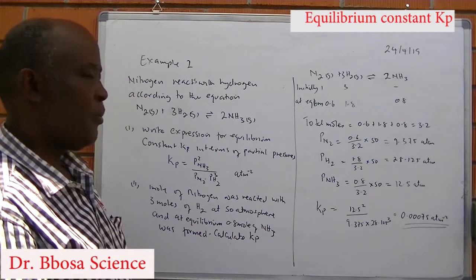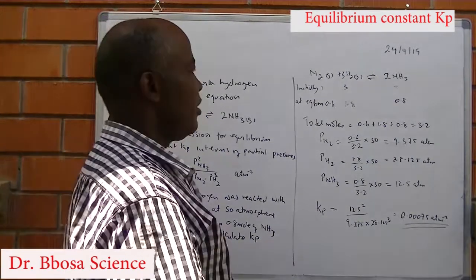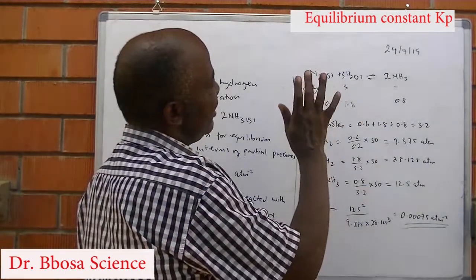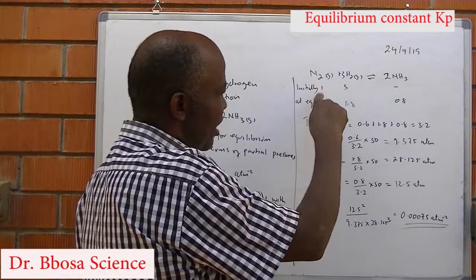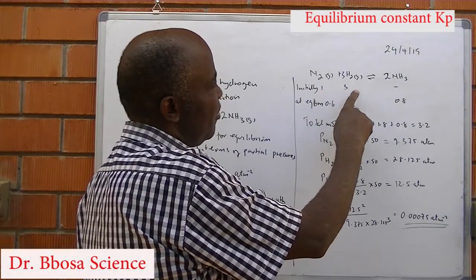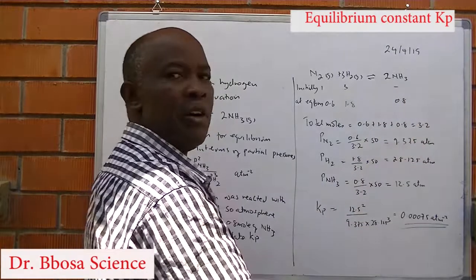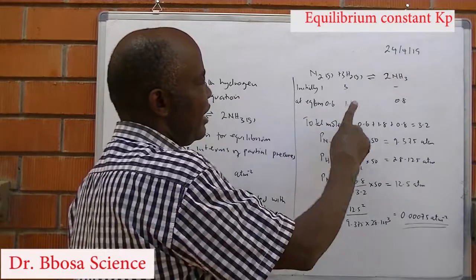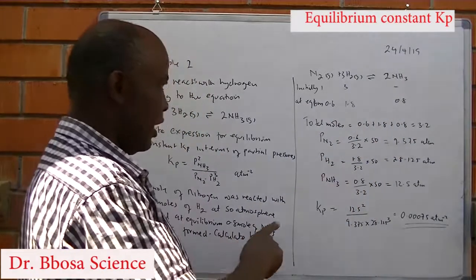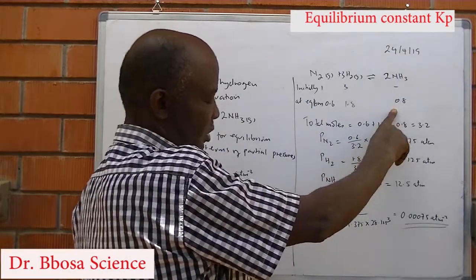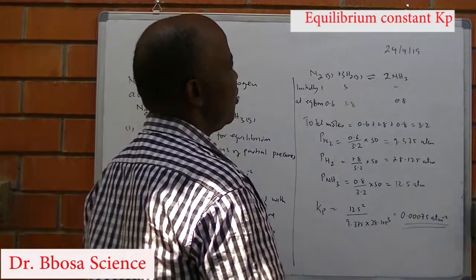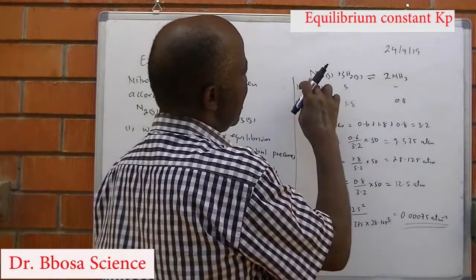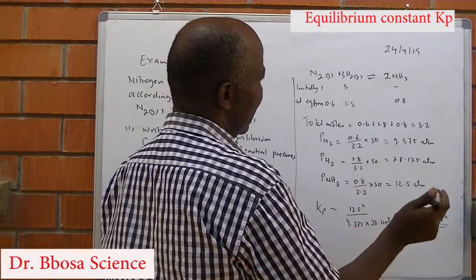Calculate Kp. First, we have to calculate the moles at equilibrium. Initially, 1 mole of nitrogen was reacted with 3 moles of hydrogen. There was no ammonia. At equilibrium, they told us 0.8 moles of ammonia formed. So we would find out how many moles of nitrogen reacted.